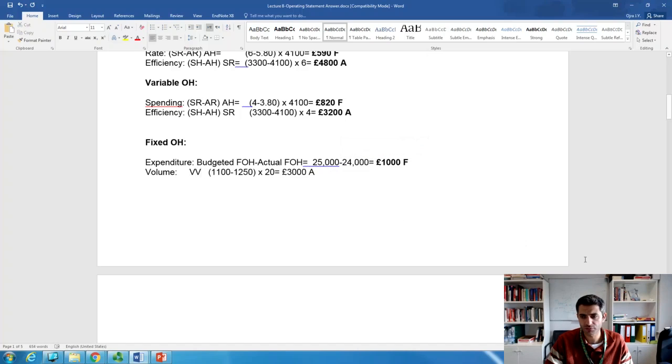The last one is the fixed overhead volume variance.